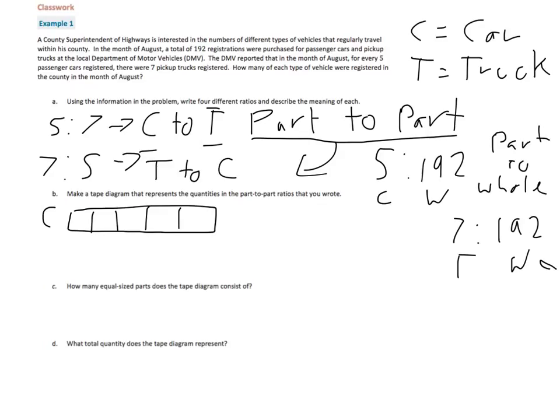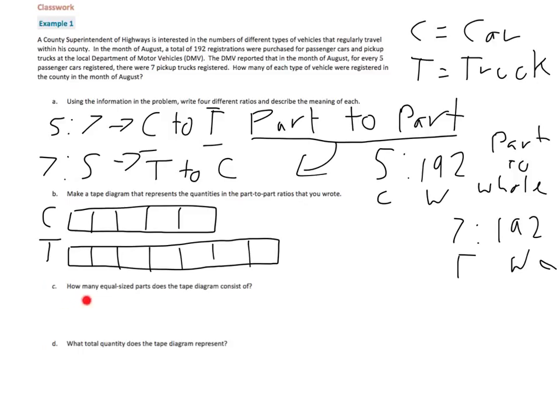This is for the cars. Then we got to do the same thing for the trucks. A little longer though because this is going to have 7. 1, 2, 3, 4, 5, 6, 7. So this again is for the trucks.